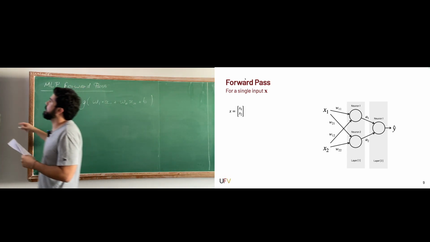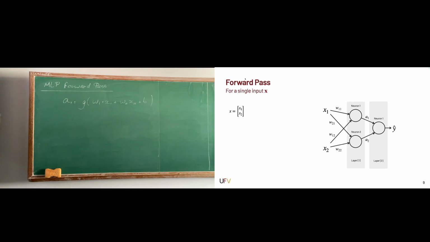I'm multiplying this input by this weight and this input by this weight to get A1.